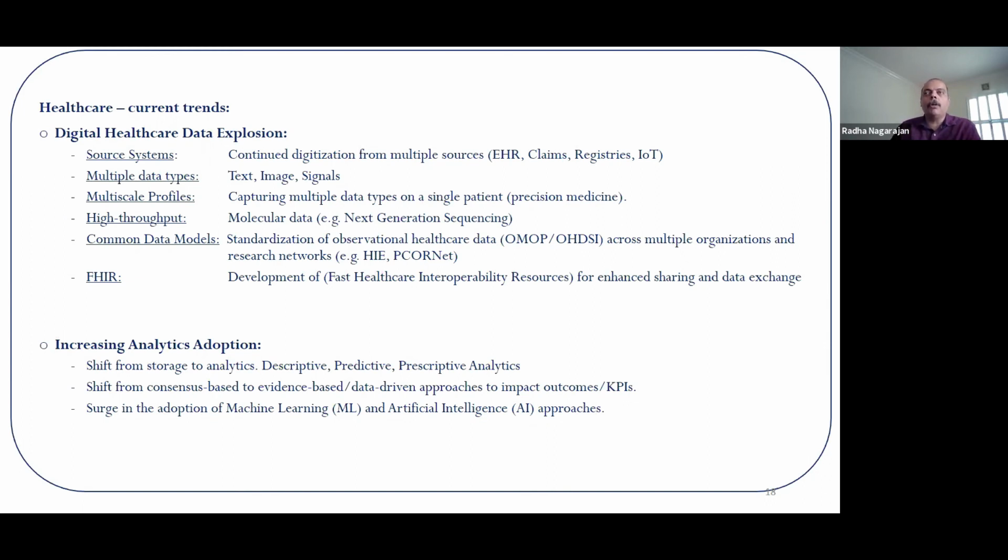Descriptive is more or less trying to get summary statistics, like querying the data to aggregate counts, and predictive would be predicting longitudinal outcomes. So five months down the line, what would be the clinical outcome, or what would be the operational or financial outcome? And prescriptive analytics is how do we come up with interventions? And then there's a strong shift from consensus-based or agreed upon approaches to more evidence-based and data-driven approaches that can impact outcomes as well as key performance indicators in healthcare.